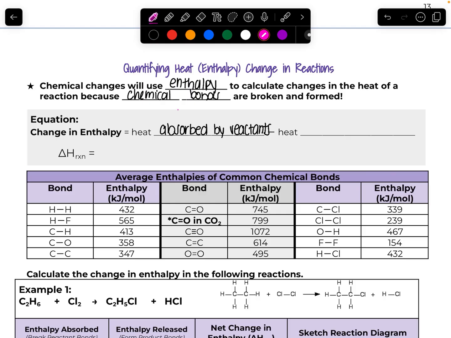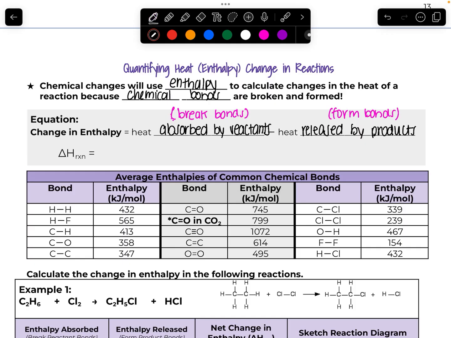So I'm going to write that above it. So heat, break, bonds. Okay. Then we're going to take the amount of heat that we're going to get out when we put our things back together. So this is going to be heat released by products. And this happens when we form bonds.